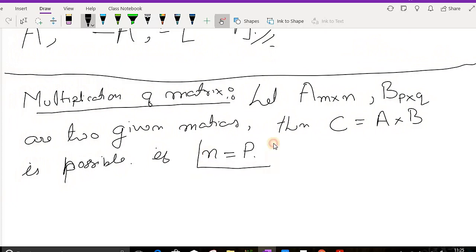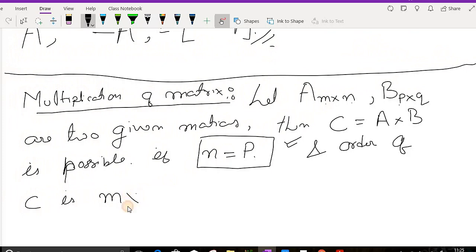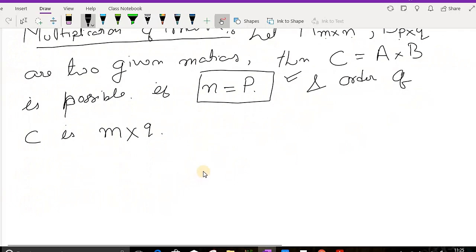Meaning the number of columns of the first matrix must be equal to the number of rows of the second matrix. This is the condition. And the order of C is the number of rows of A, m, into the number of columns of B, q. First thing first.